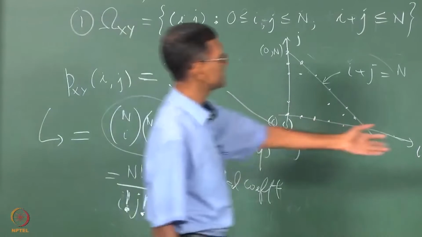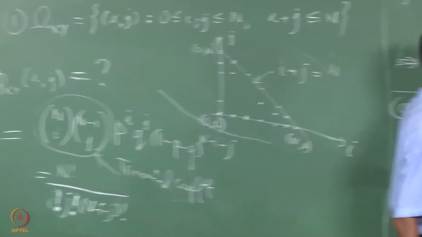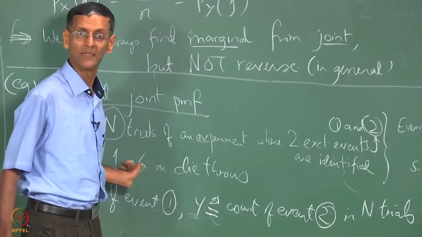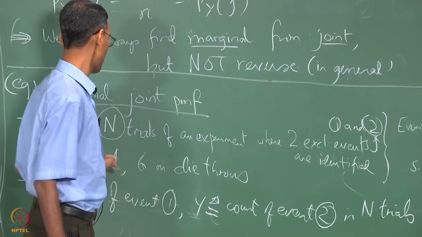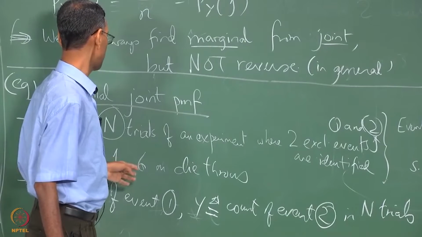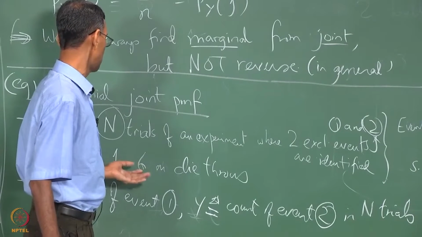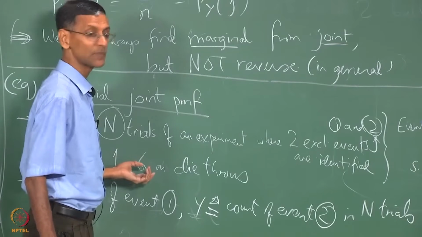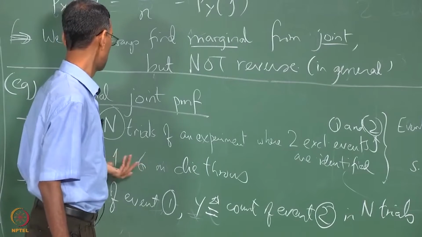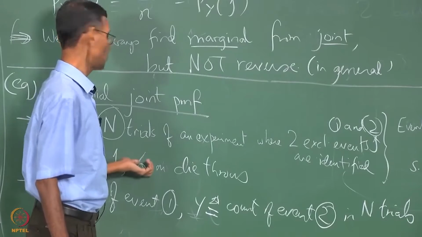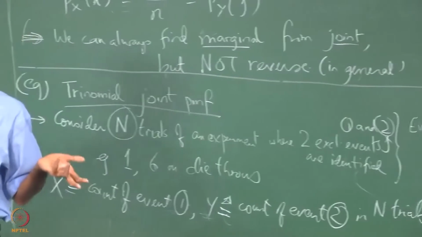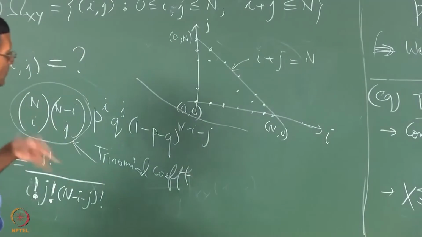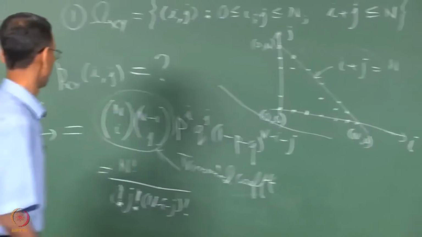So in the case of getting 1 and 6 on dice rolls, p will be equal to 1 by 6, q also will be equal to 1 by 6, right. But I do not have to have 1 and 6, I can have other faces, or whatever combination, I do not have to have p equals q obviously, isn't it?